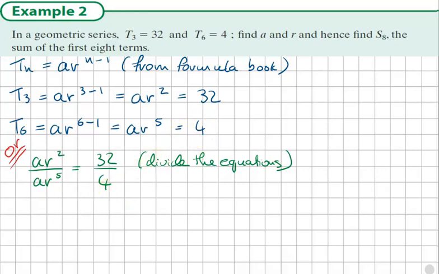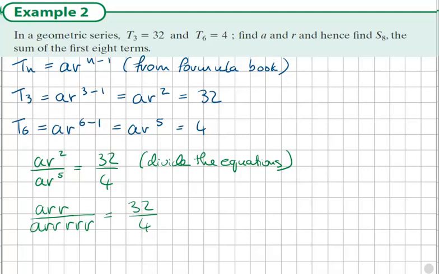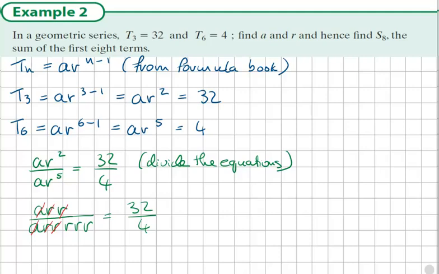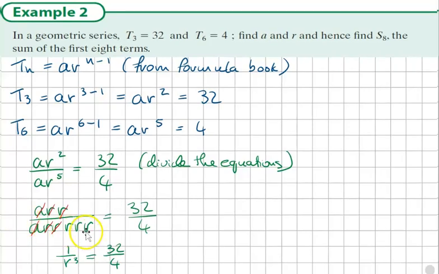We do the same steps, but this time we have a lower power on top, so we're going to end up with a negative index. a r squared can be rewritten as a times r times r, and a r to the power of 5 can be rewritten as a times r five times. We can see that the a's cancel and 2 of the r's cancel on the top and the bottom. So we're left with 3 r's in our denominator, so we have 1 over r to the power of 3.